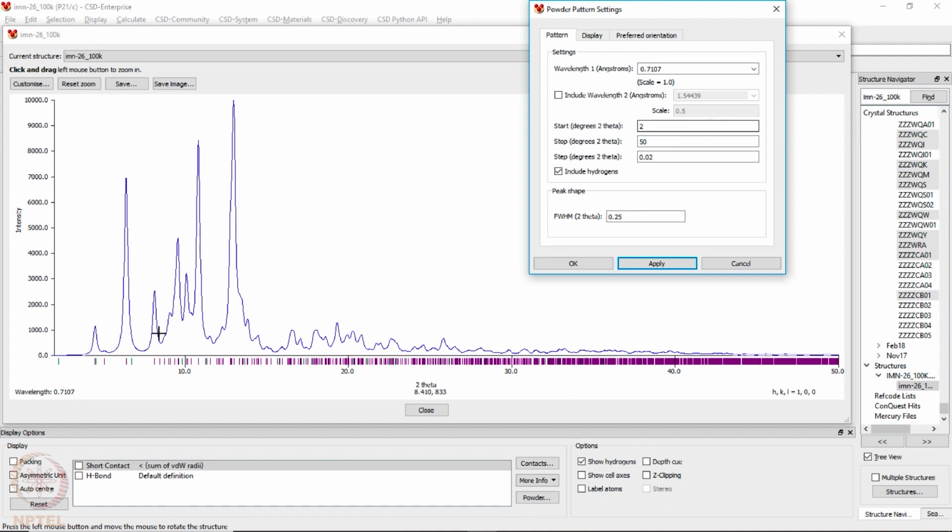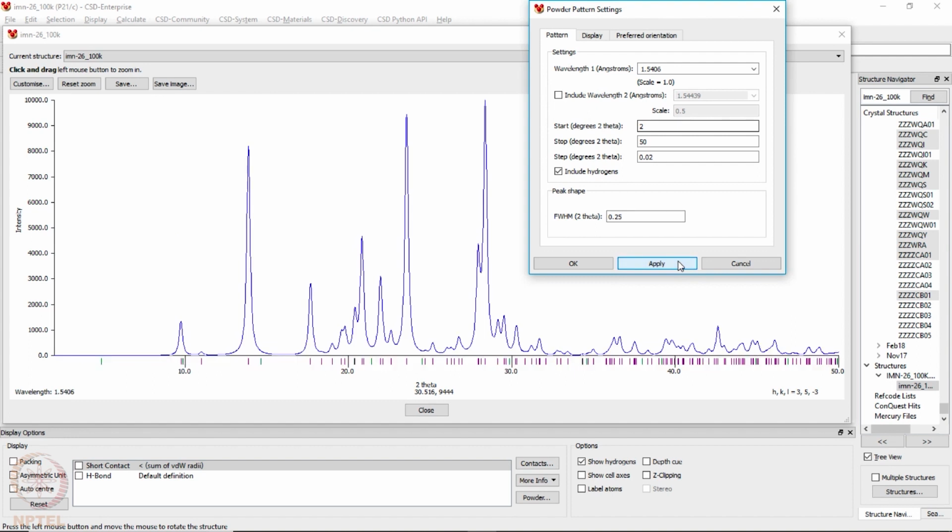Here is direct evidence that one should not use molybdenum radiation for powder X-ray diffraction.